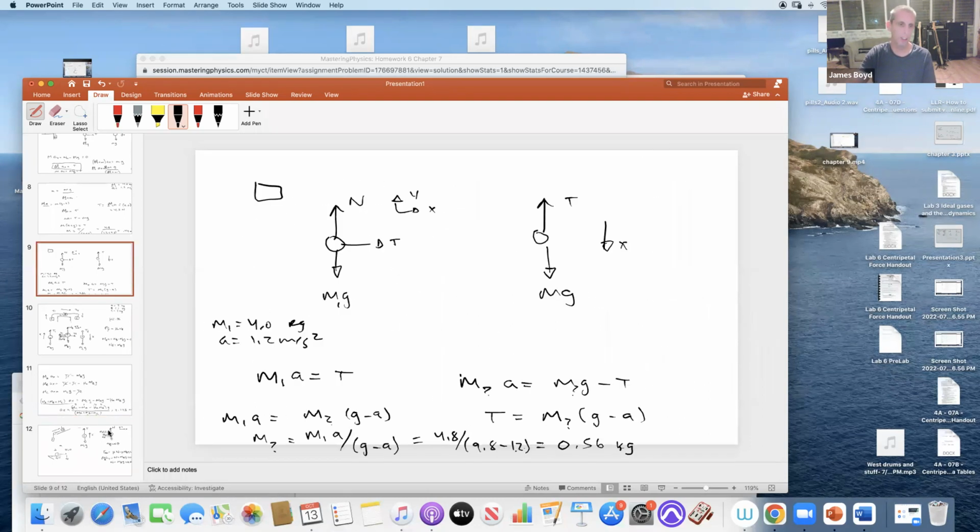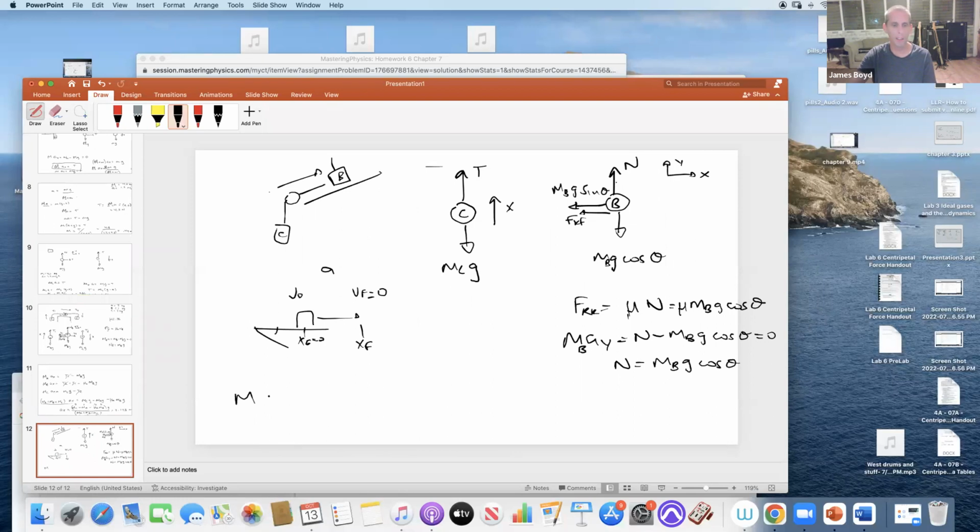So we need to find a so that we can determine what x final is. Now, looking at these two things, I get m of the cup a is T minus m of the cup g, and m of the book a is negative m_book g sine theta minus force of friction mu m_book g. Oh, and I'm sorry, there's also a tension that I almost forgot. I caught it because it's got to go away.